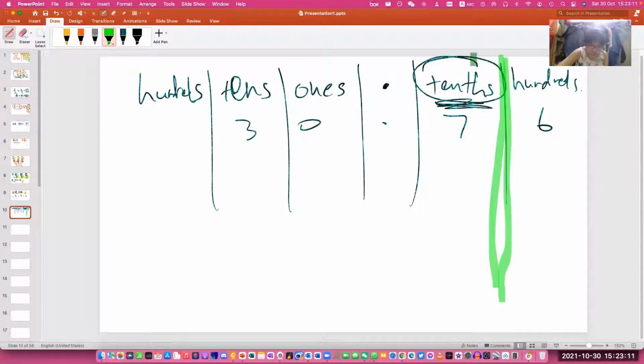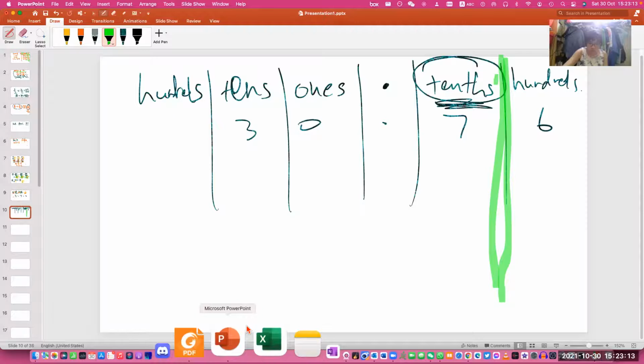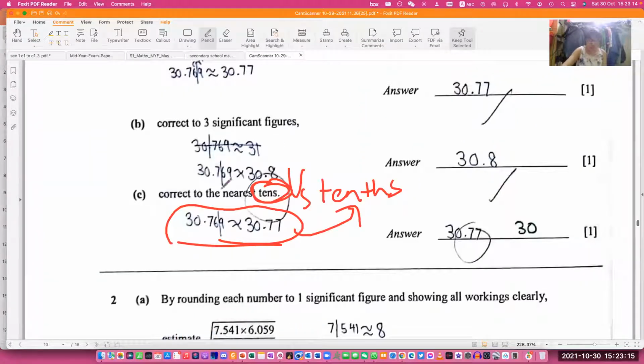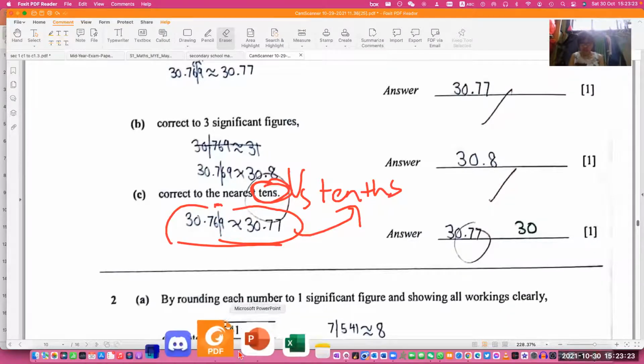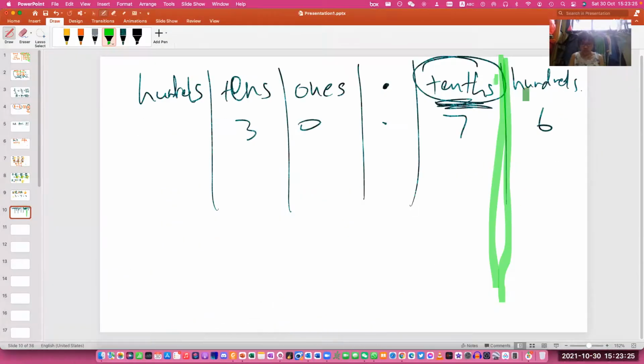If they ask for the tens, but you put the line behind the 6, you are actually doing for the hundreds, if I go back and look at my positional value, because you put the line after the 6. So you have made several mistakes here. You realize?